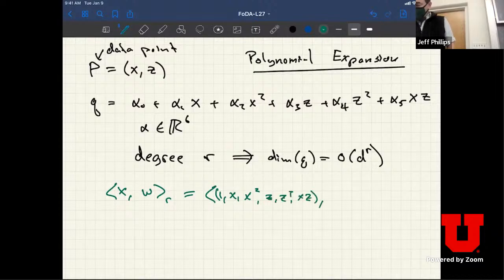So I have a 6-dimensional vector, and this alpha vector, which might be the same as W, as the inner product. But now this is a linear inner product once I've done this data conversion, and I can use this as my generalized kernel as well. So this is another way to explicitly get these nonlinear classifiers. Again, hopefully this is not too new. We did this a lot with polynomial regression, but you can do the same trick here as well.